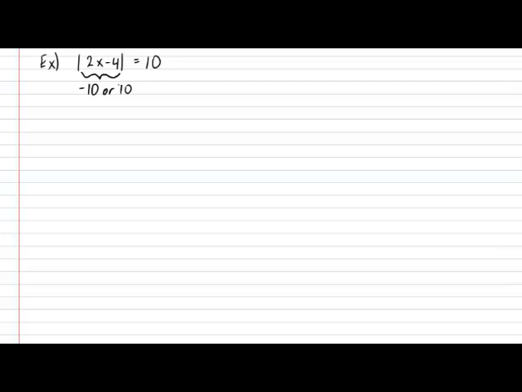After you realize that, you can ignore the absolute value and just focus on the inside. So we know that the 2x minus 4 could equal minus 10, or the 2x minus 4 could also equal positive 10. And just solve for x like usual.